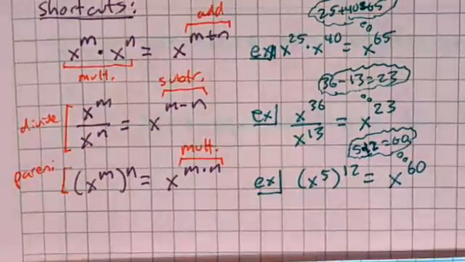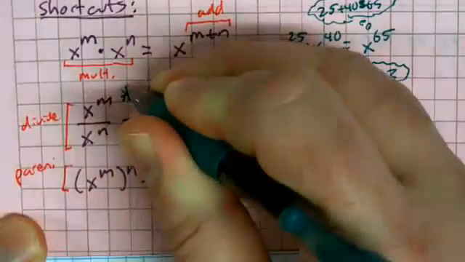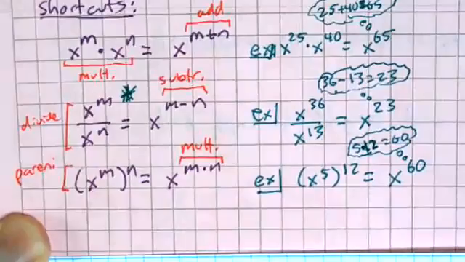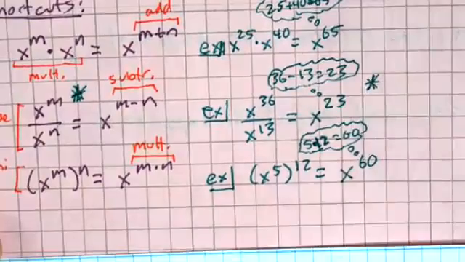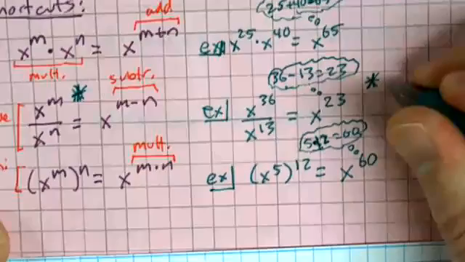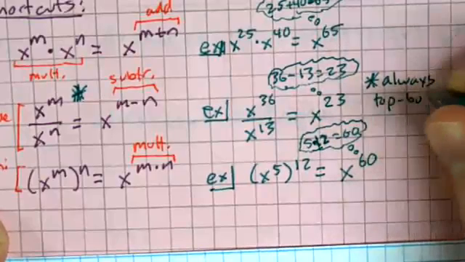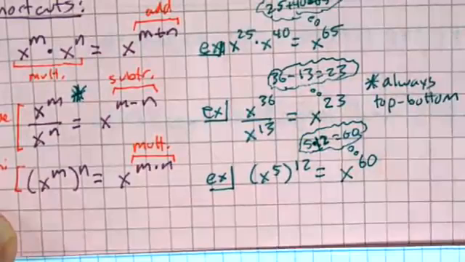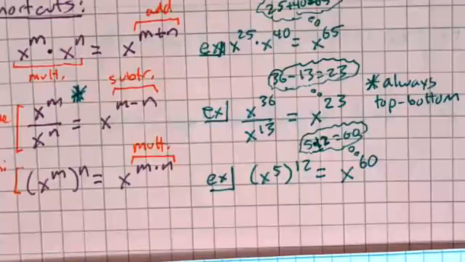I'm going to make a little star right here, and make myself a little note off to the side that says always top minus bottom, in hopes that I will avoid making that mistake in the future. We always do the top number minus the bottom number, not the other way around. Even if it makes us come up with negative exponents, that's okay.